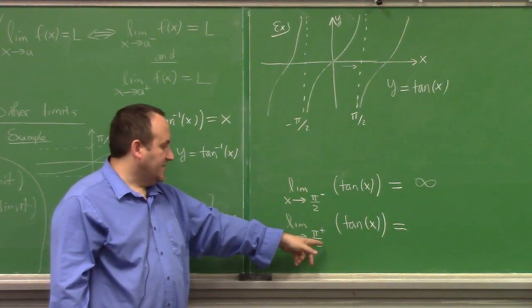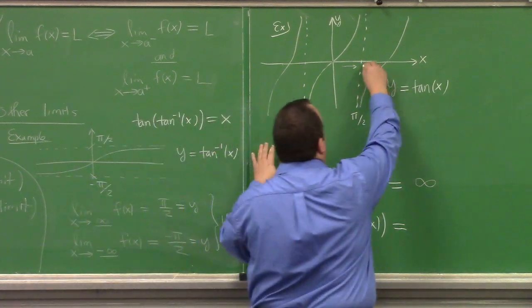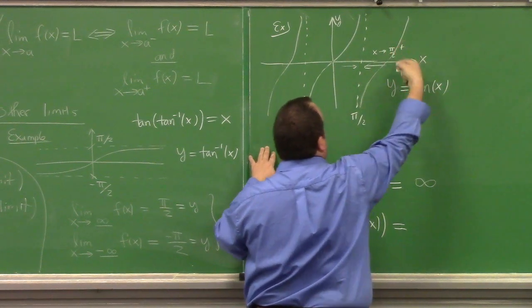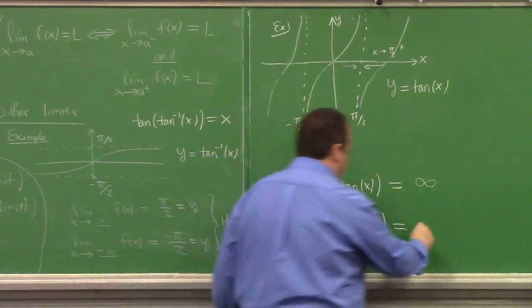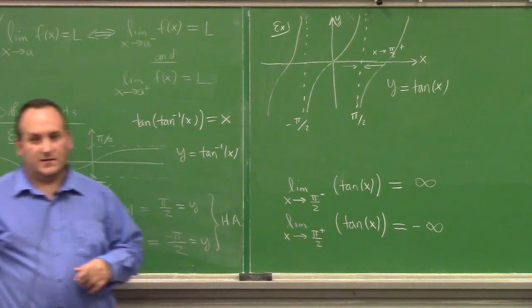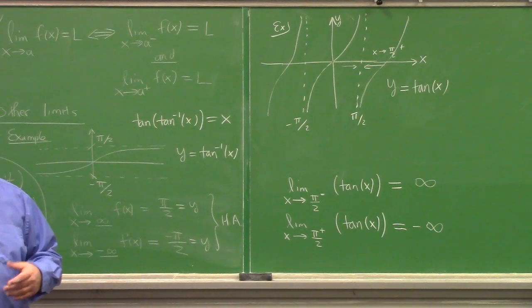How about this one? You guys can tell me. X goes to pi over 2 from the right. What's this equal to? Negative infinity. So what do we say about the limit as x goes to pi over 2, the double-sided limit? We just write it does not exist, right?